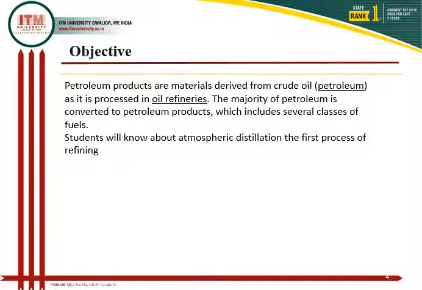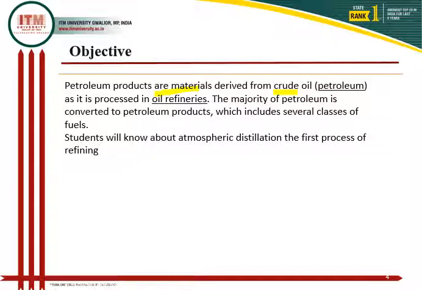The objective of the lecture: as we are going with the refining process of the crude oil, all the petroleum products are the materials derived from the crude oil by the process in oil refineries.